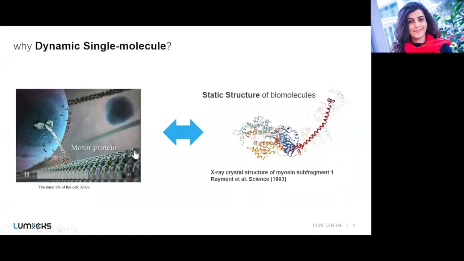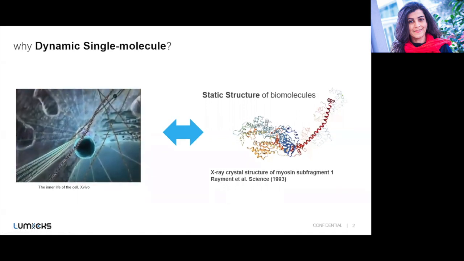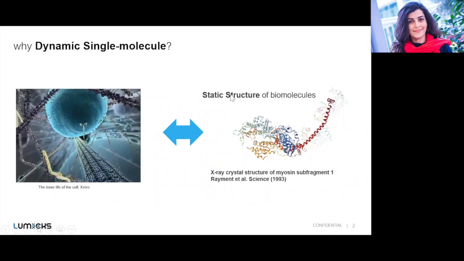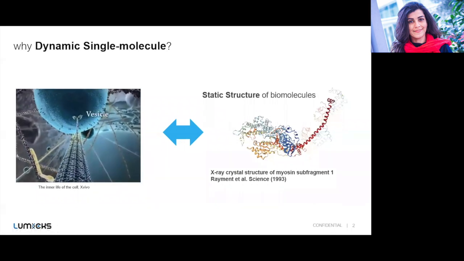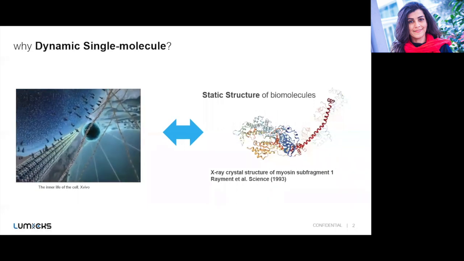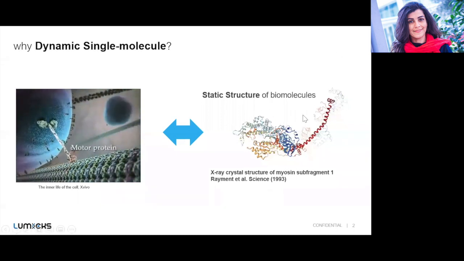Now, in order to understand these biological processes that happen inside the cell, structural biology gives us a static structure of biomolecules with atomic resolution. But it doesn't give us the dynamic information.